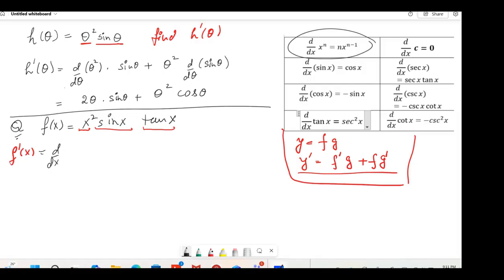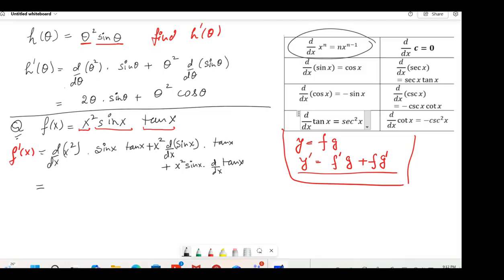Derivative of the first function times the second function as is, third function as is, plus the first function as is, derivative of the second function times the third function as is, plus first function, second function times the derivative of the third function. Now we apply the rules.